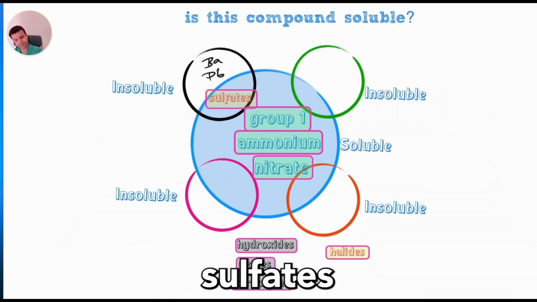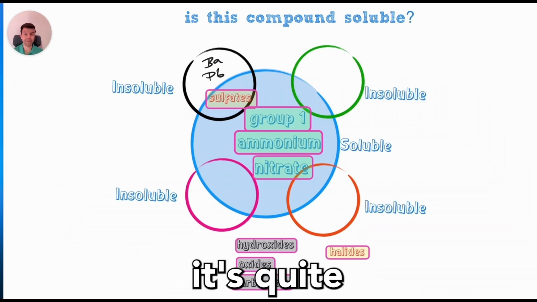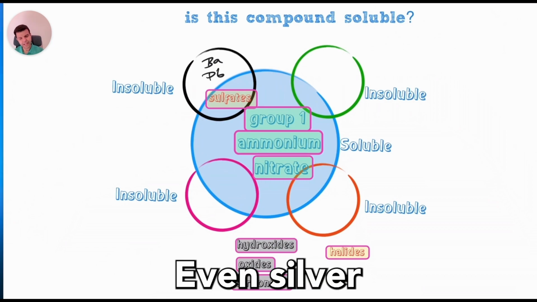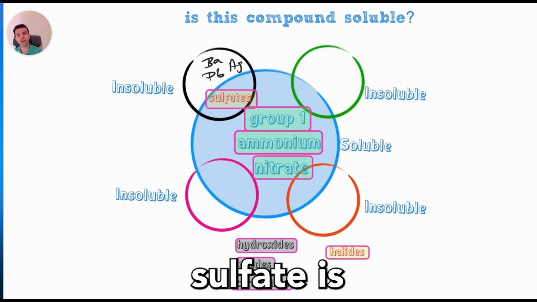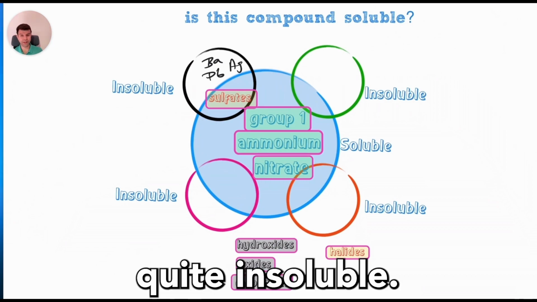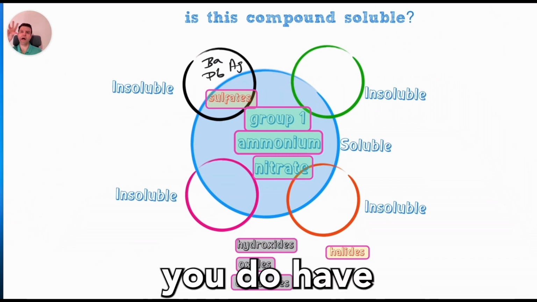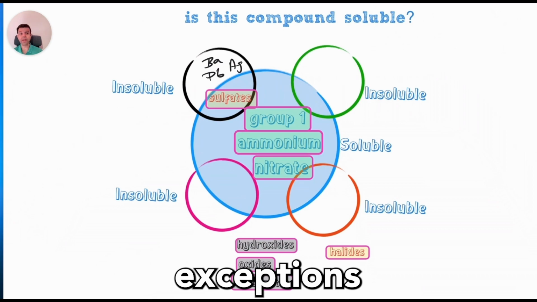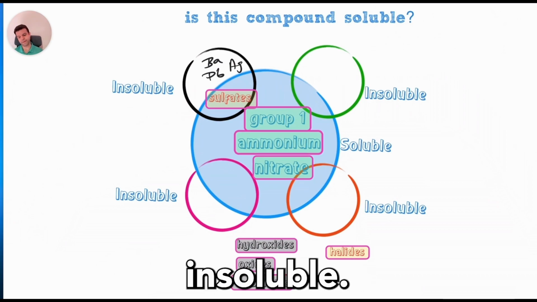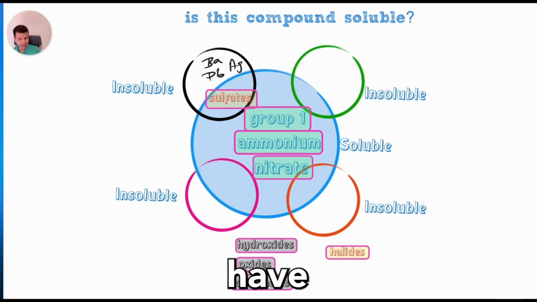Lead sulfate is also quite insoluble. Even silver sulfate is quite insoluble. So you just need to remember that sulfate is soluble, but you do have those three exceptions that make it insoluble.